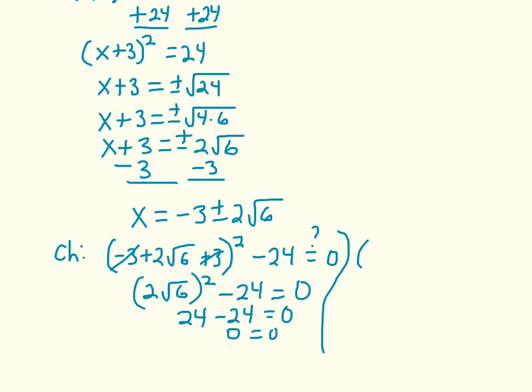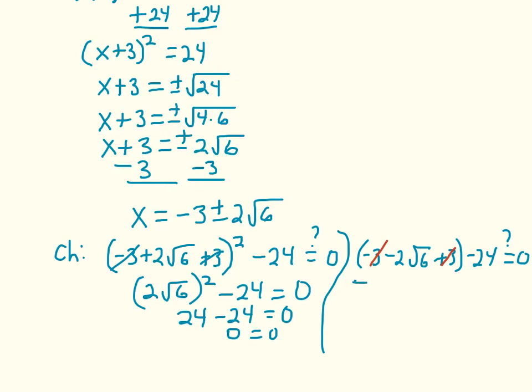We'll do the other one right here. And then I'm going to say negative 3 minus 2 root 6 plus 3, quantity squared, minus 24. That's the original equation. And again, the 3 and the negative 3 are opposites.